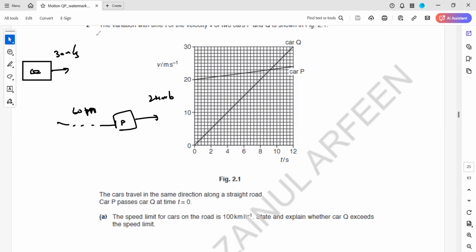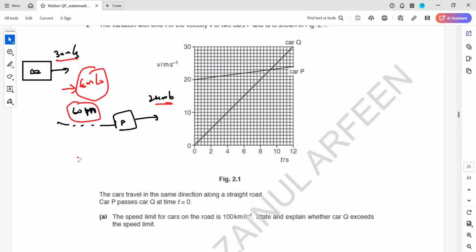So what is the relative speed of Q with reference to P? If two objects are moving in the same direction and we need the relative speed, we just subtract. Q is moving at 30, but P is moving at 24, so it appears that Q is moving at a speed of 6 meters per second. The relative speed of Q is 6 and the distance between them is 60.